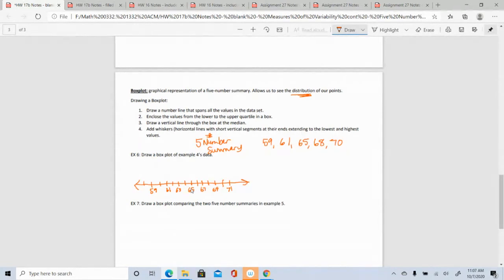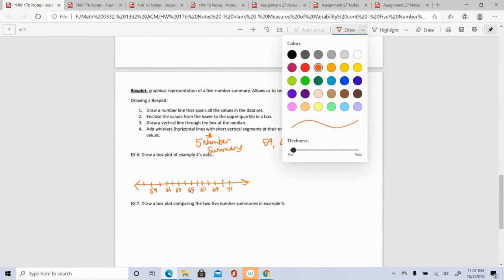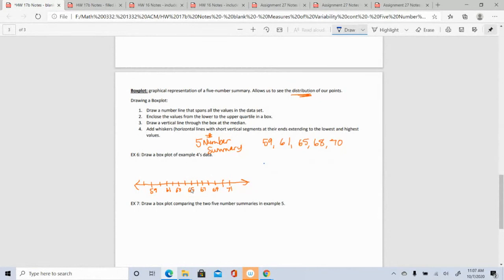Now what you're going to do is the median is going to go in. Let's do the median first. The median is going to have a line going up and down. So the median was 65. Okay. And then we're going to draw our box to the upper quartile and lower quartile.